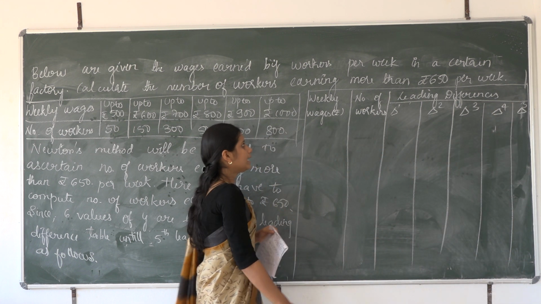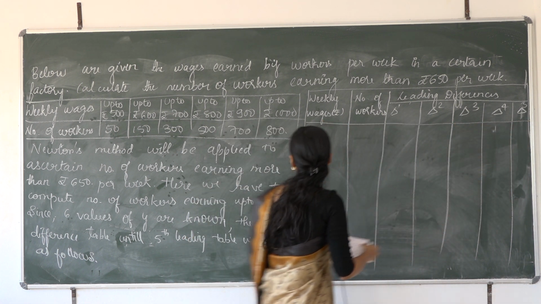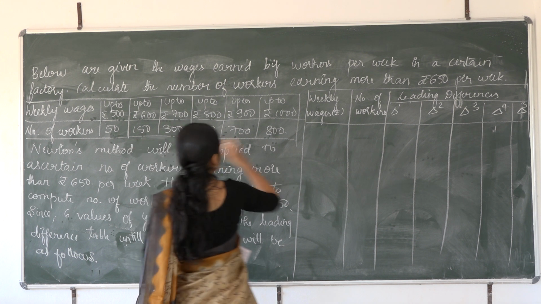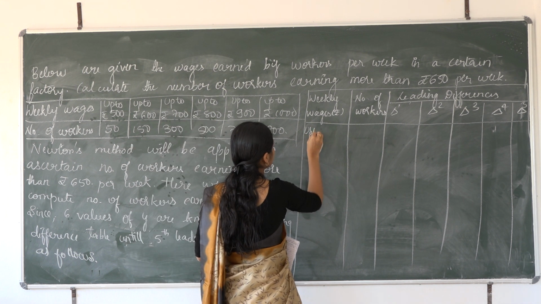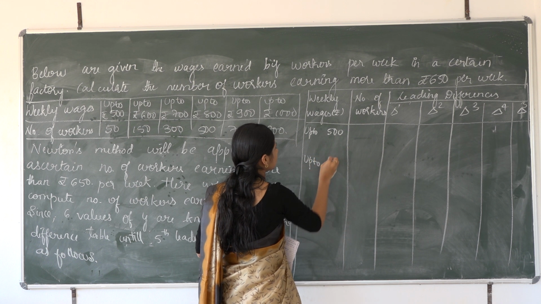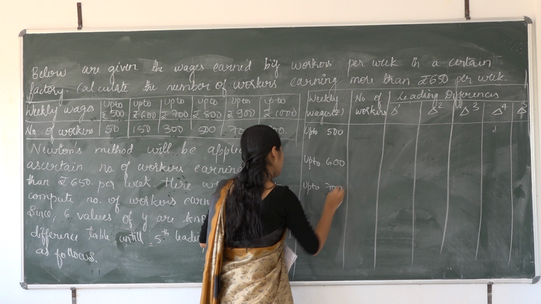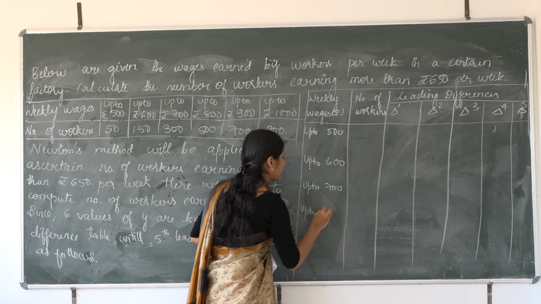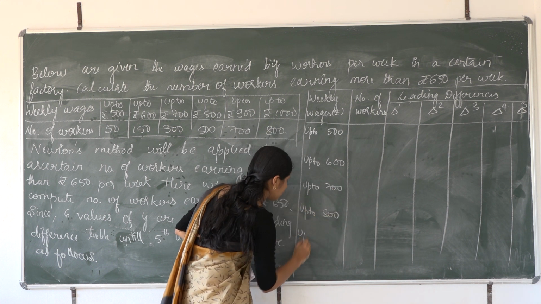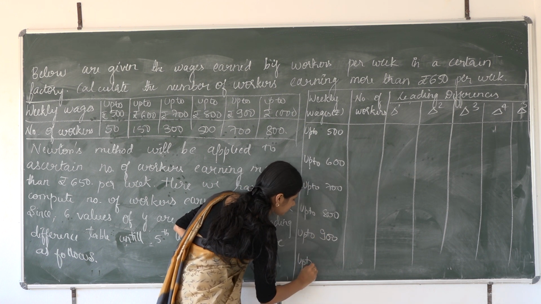First of all, let us write the weekly wages of workers. So weekly wages, first one is up to 500. So up to 500, leave one line. Next up to 600, up to 700, up to 800, up to 900 and up to 1000.